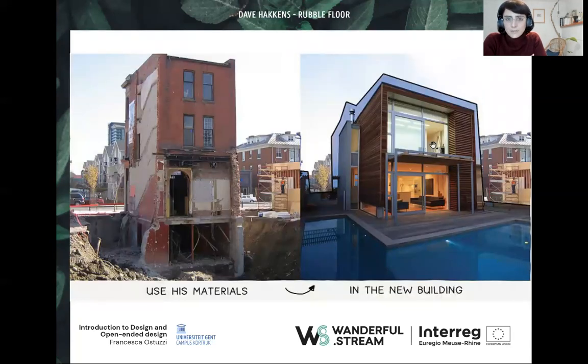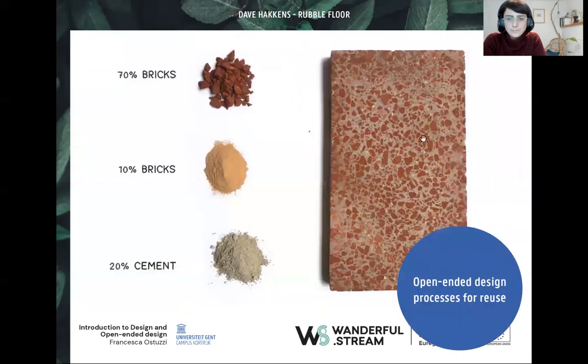Nevertheless, the idea of this designer, Dave Hakkens, is to really try to reuse as much as possible the materials of the old house in the new building. How does he do that? He designed a series of floors and bricks, typical terrazzo tiles, really giving some recipes to the users on what kind of materials from the old house to use to then generate the new floor, in this case for the new house.